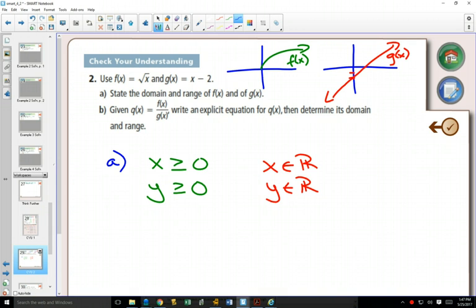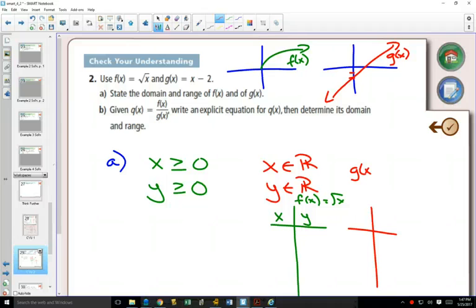Again, if you want, you can create a table of values. This is for f of x, which is the square root of x. And we can do a table of values for g of x equals x minus 2.